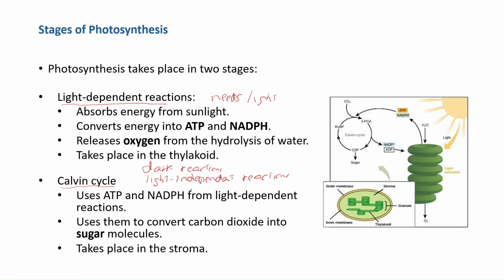But you're going to find light independent and Calvin cycle equally in textbooks. So the light dependent reactions absorb energy from sunlight. The energy from the sunlight is used to make ATP and NADPH. Notice in cellular respiration, we use NADH.